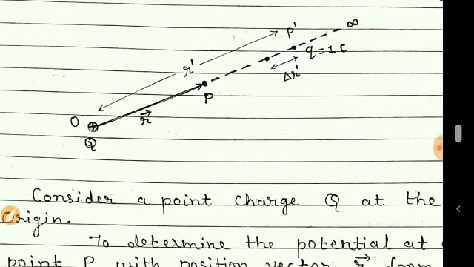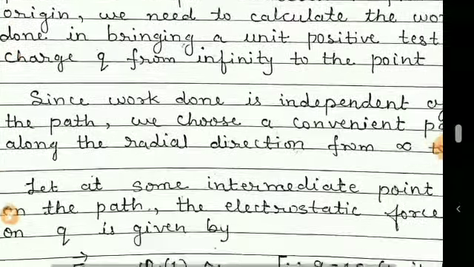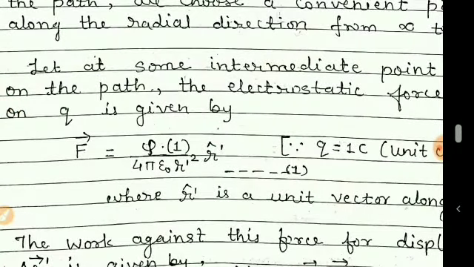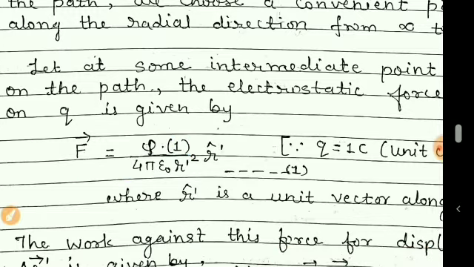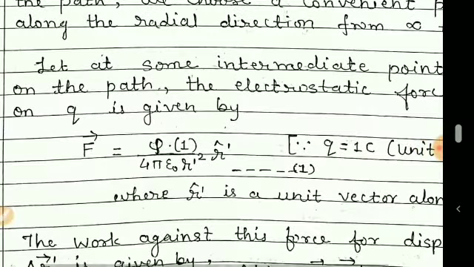At this point P dash, the force acting on this unit charge is given by F is equal to 1 upon 4 pi epsilon naught, the product of two charges Q and small q, upon distance square, that is r dash square, because we have considered this unit charge at point P dash at present. So this is the formula for the force. Let us give this equation number 1.